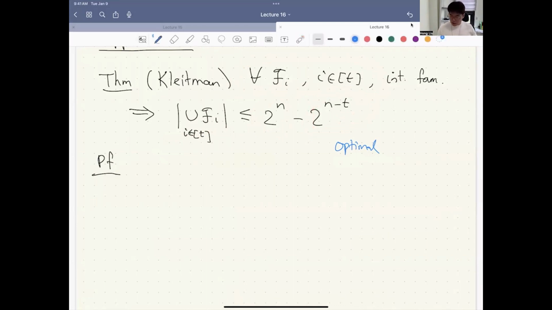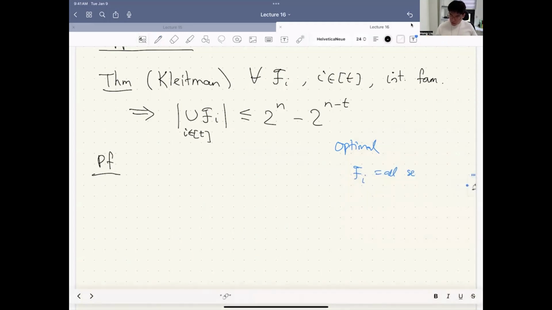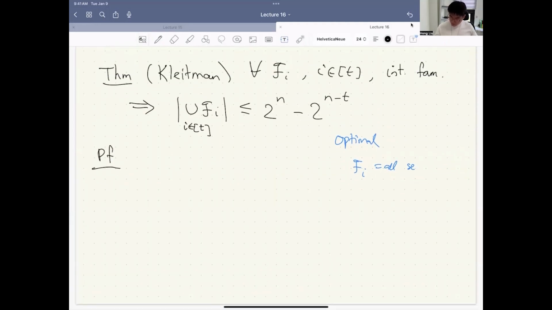So you can consider F_i to be all sets containing element i.